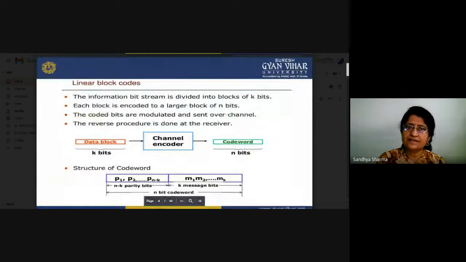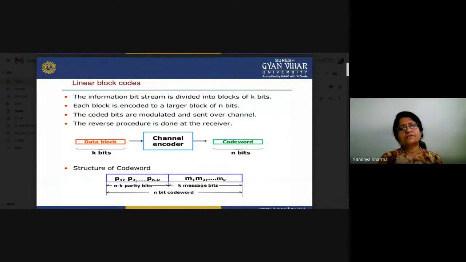The first one is the linear block code. As the name suggests, the information bit stream is divided into blocks. We take a block of data, basically a data word, which is called a block in this technique. First, we take a block of k bits, meaning the number of bits in our data word is k, and each block is encoded to a longer block of n bits.